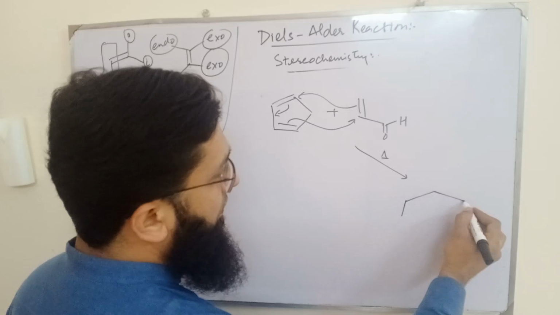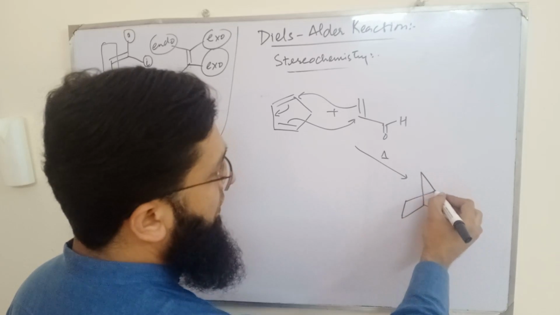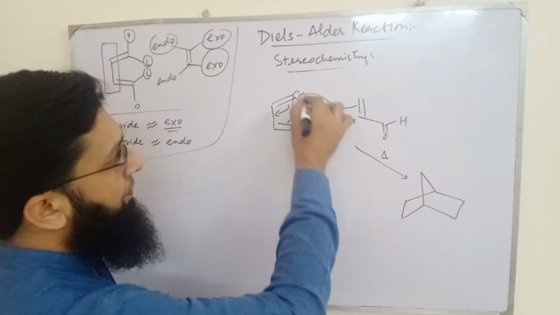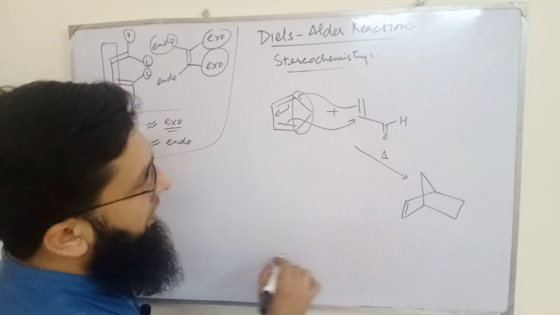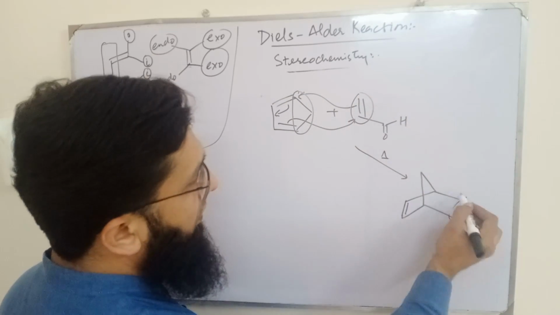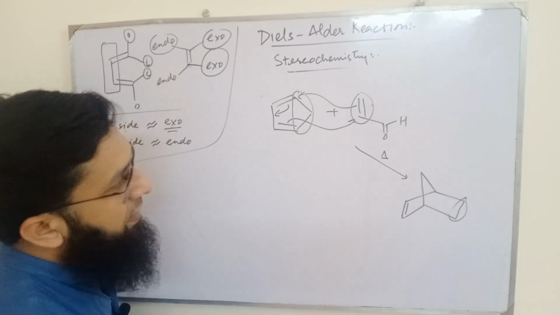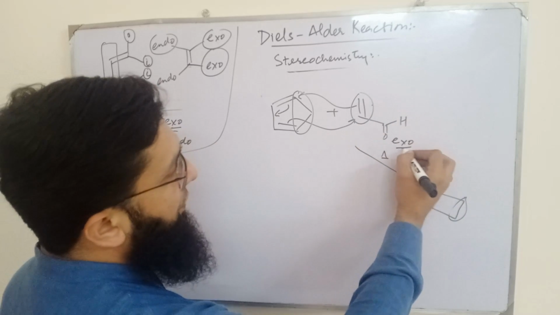And in cyclic diene we can make a 6-membered ring like this, and this is the bridge, this one, and this is the double bond which is coming here, and this bond is coming from the dienophile. Now this approach is exo approach.